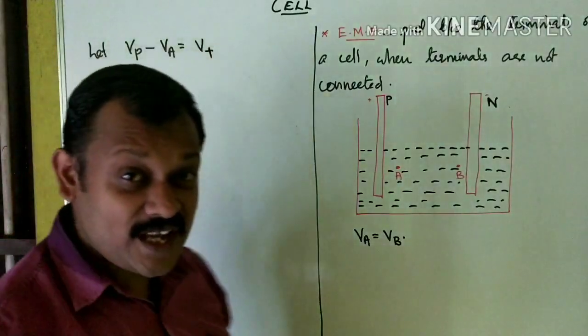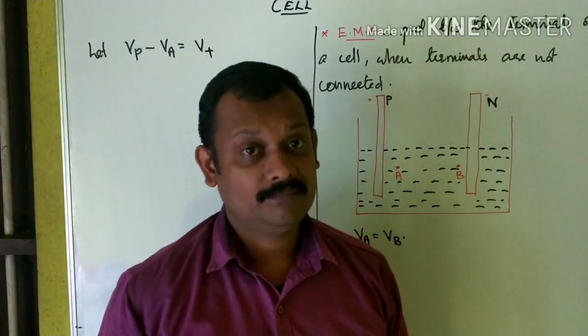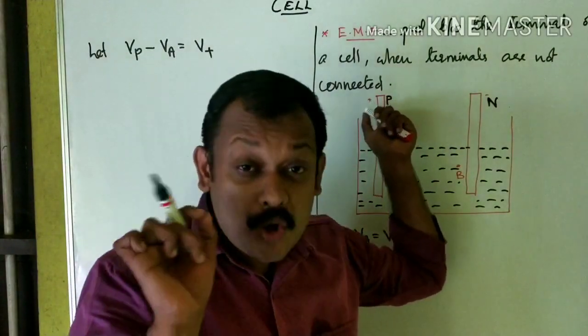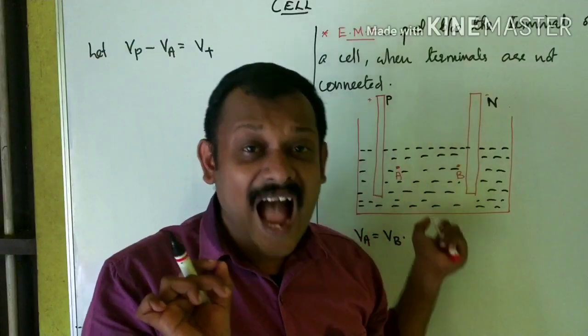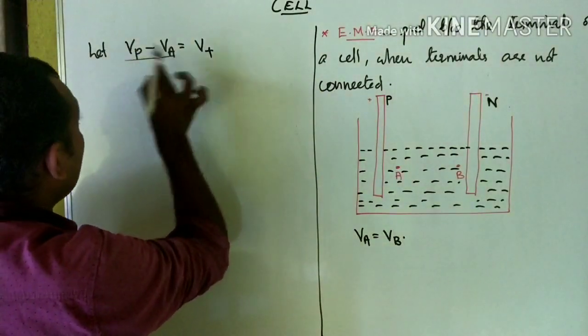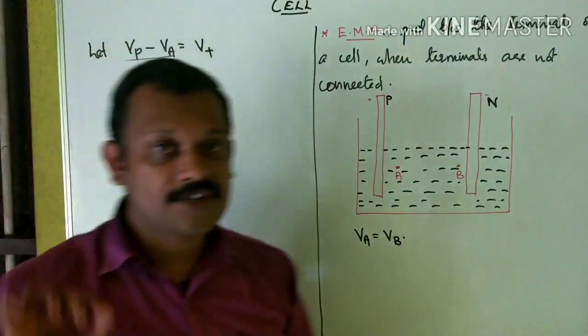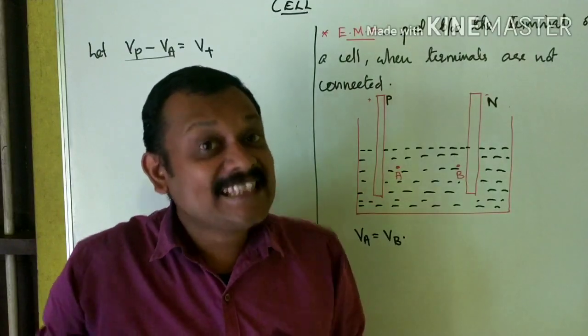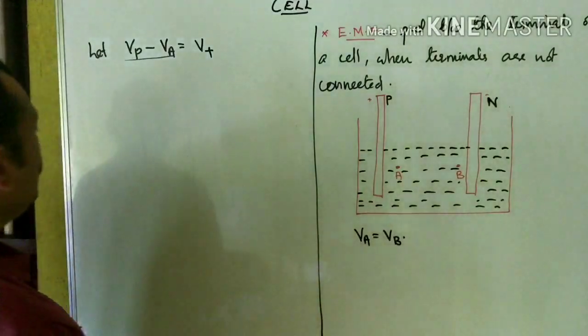Vp minus Va is equal to V plus, that is the potential difference between the positive electrode and the electrolyte.